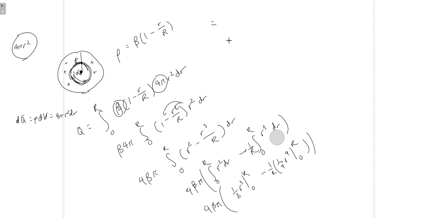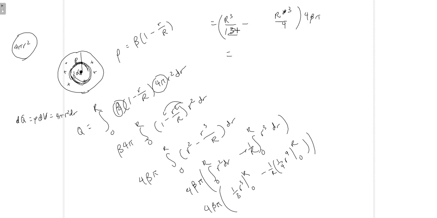So I'll write this over here. If we plug in big R, this will be R cubed over 3, and then this will be R to the 4th over 4, multiplied by the 1 over R, so this will just be R cubed over 4. And this times 4 beta pi.